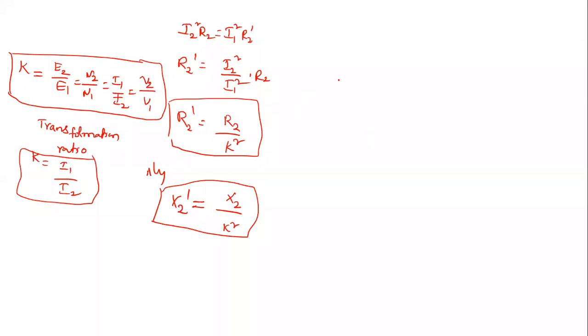So now the new form of the equivalent circuit: R1 is there on the primary side, and I have referred R2 to the primary, that is R2 prime.